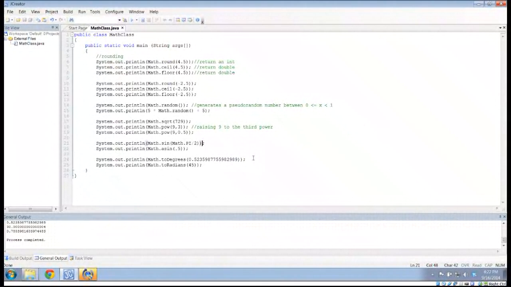Now these trig values that I was talking about, we have cosine and tangent. And for these we have arc sine, arc cosine, and arc tangent. So we have this ability to work backwards and forwards through sine, through cosine, and through tangent.